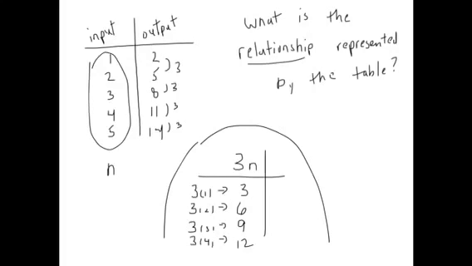So if we put those up here, 3, 6, 9, 12, and compared them with the output numbers from the original, we'll find that they're each less, we're dropping down by 1 each time. So therefore, a relation is 3n minus 1.